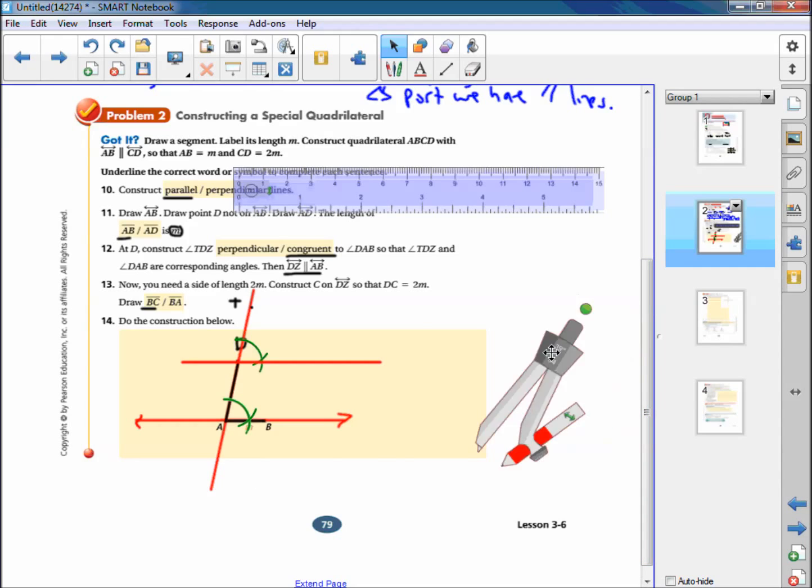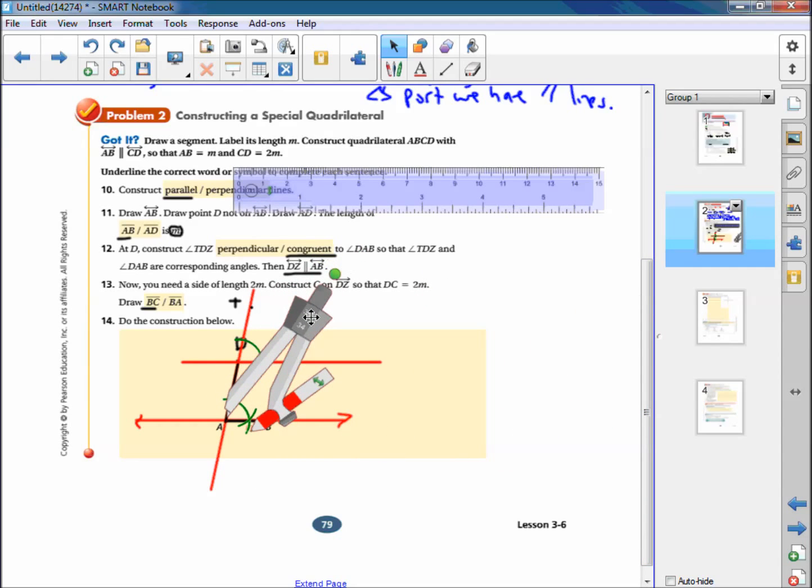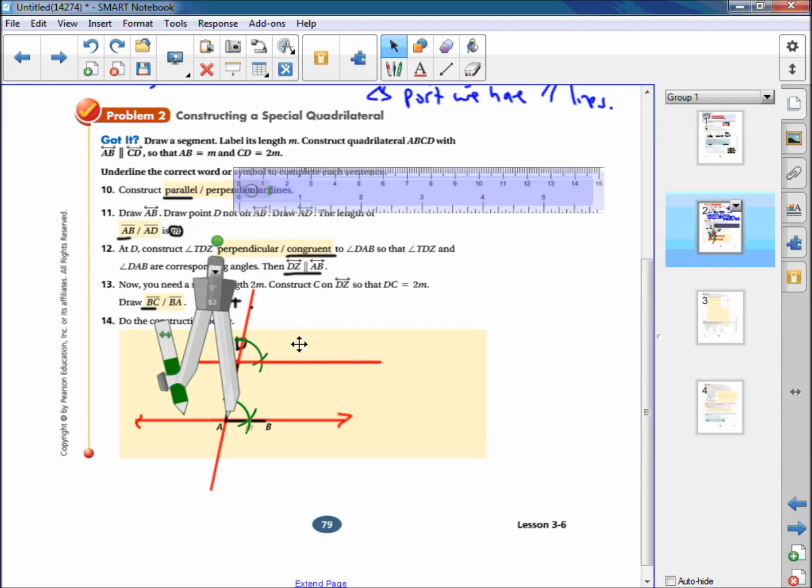So what's the measure of it? That's easy to find out. This was the easiest thing, measuring and copying over a segment. All I need to do is grab my compass and measure out that segment. I need to know the segment from A to B. How big is it? Rotate back over there.